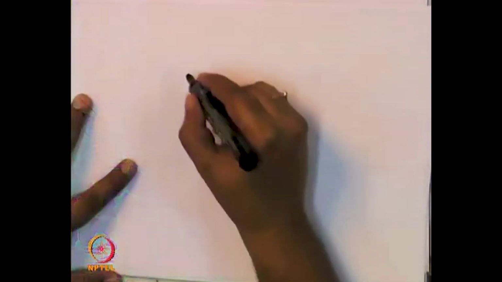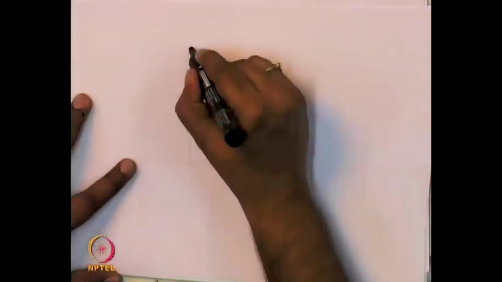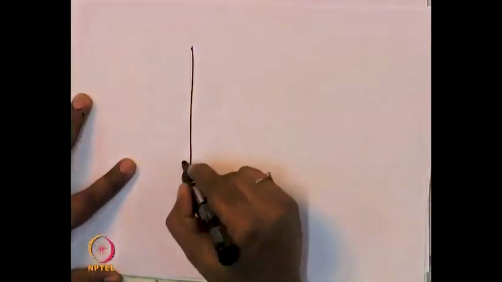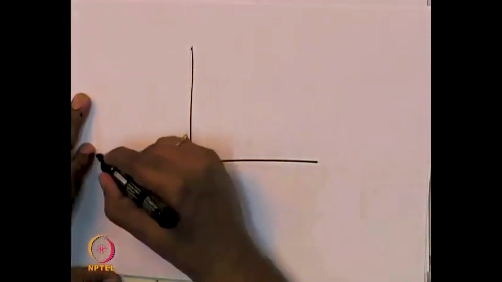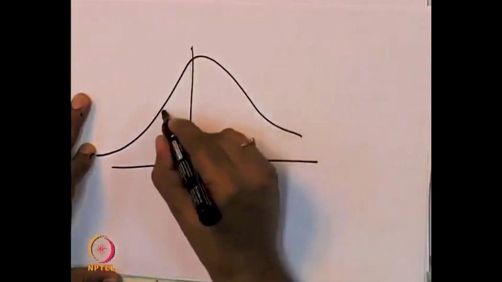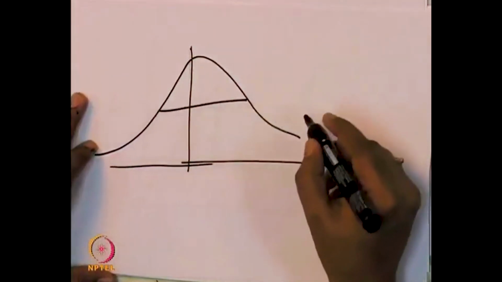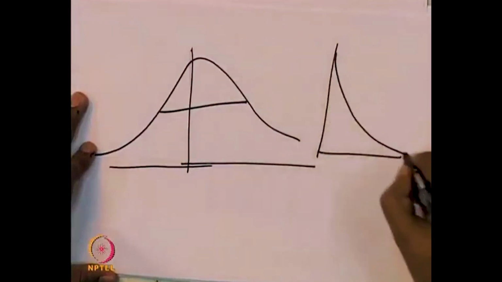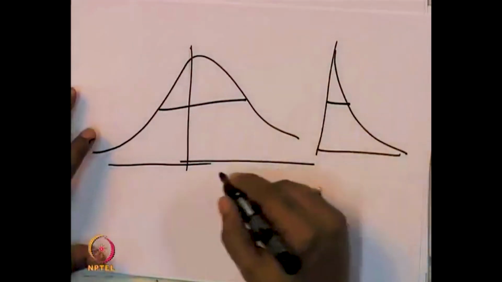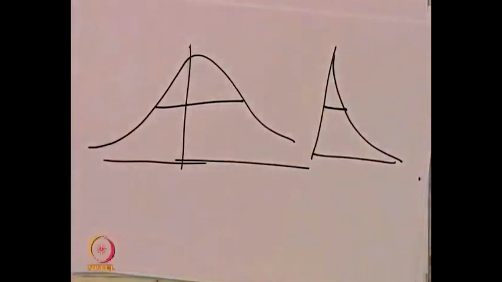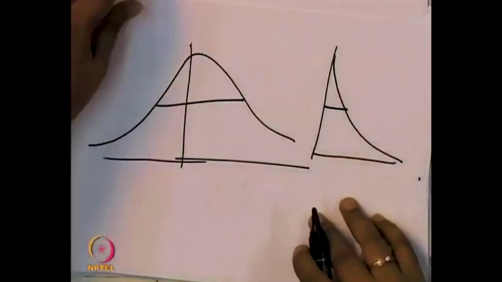Now we can also ask a similar question to the one we asked for the Gaussian distribution: what is the width at half maximum? So do these questions yourself and find out the width at half maximum for each case, for the standard exponential distribution as well as the Gaussian distribution.